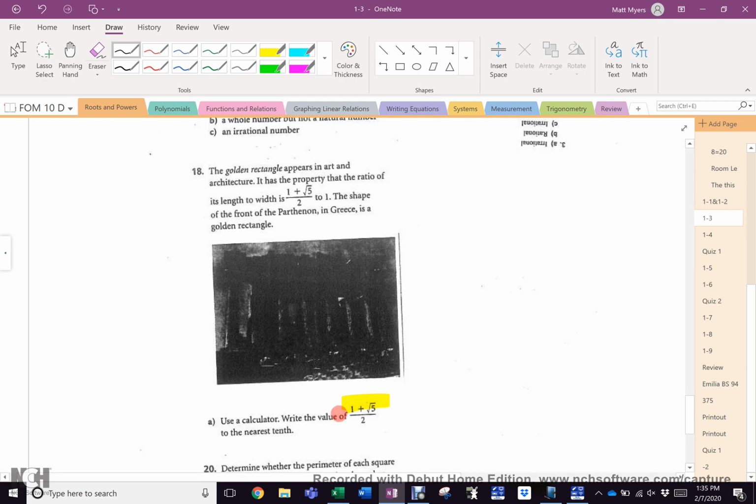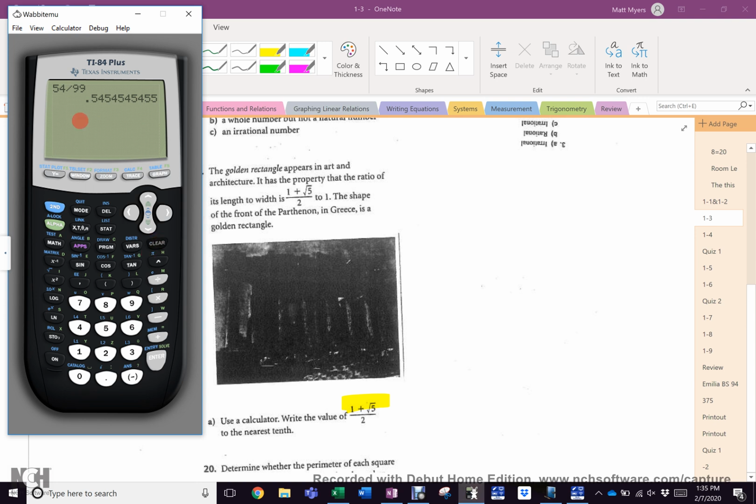So to punch that into your calculator, you would have had to do, and I'll bring a calculator up on the screen, bracket 1 plus the square root of 5, close the brackets, then divide by 2. And it will give me the answer that I seek.